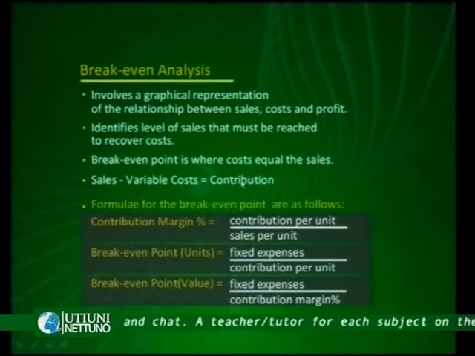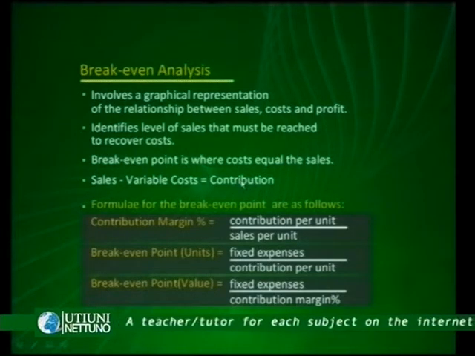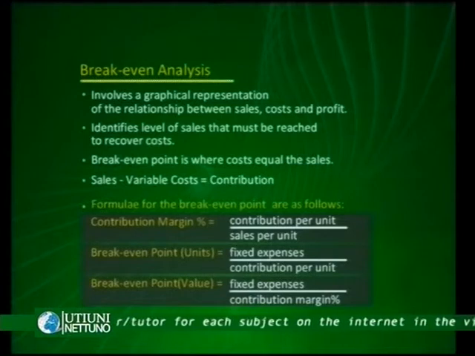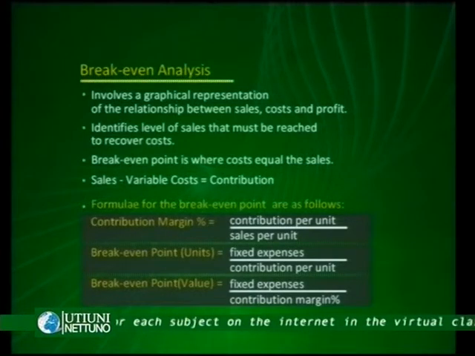So the contribution you make is a bit like the gross profit, if you've heard that term before. It may be exactly the same, it may be similar to it depending on the way you do things. But sales minus the variable cost. Variable cost would usually be the raw material cost, maybe considered labour costs as well, depending on whether you take them as a fixed amount or they vary a lot.